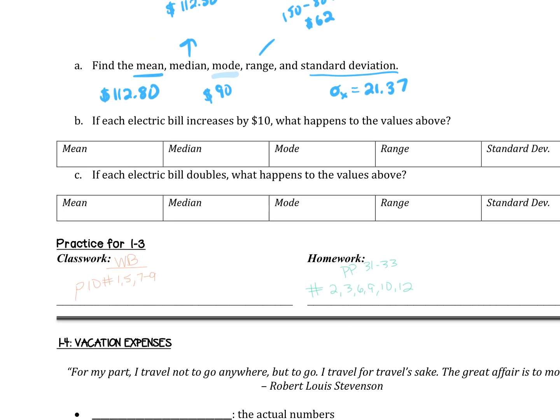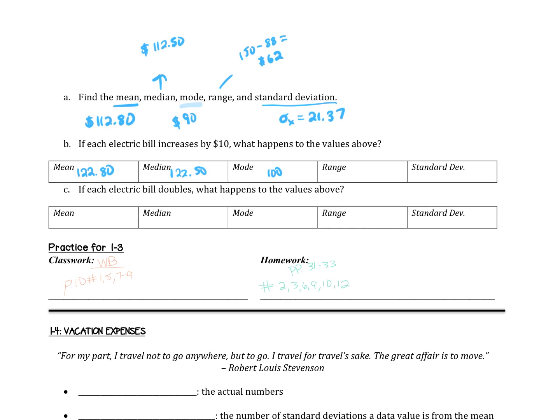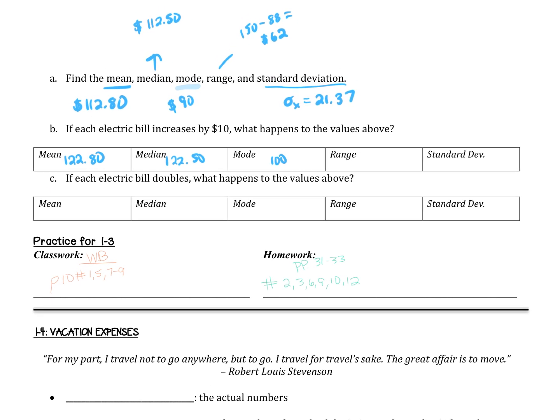Let's think about what those values would be. This would be 122.80. This would be 122.50. This would be 100. The range would not change. It would be the same. And the standard deviation is also the same.